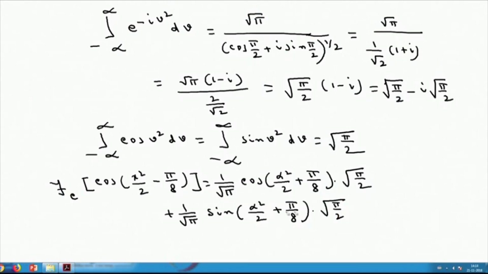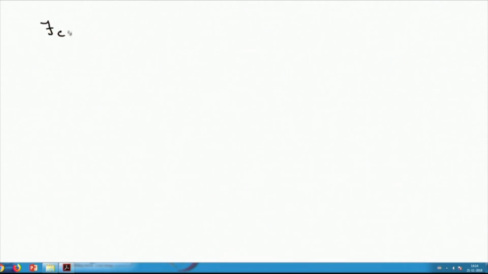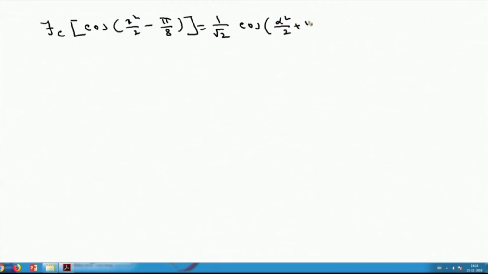So, once I am substituting the value of these integrals, I am getting this. So from here you can write that the Fourier cosine transform of cos of x square by 2 minus pi by 8 equals 1 by root 2 cos of alpha square by 2 plus pi by 8 plus 1 by root 2 into sin of alpha square by 2 plus pi by 8.